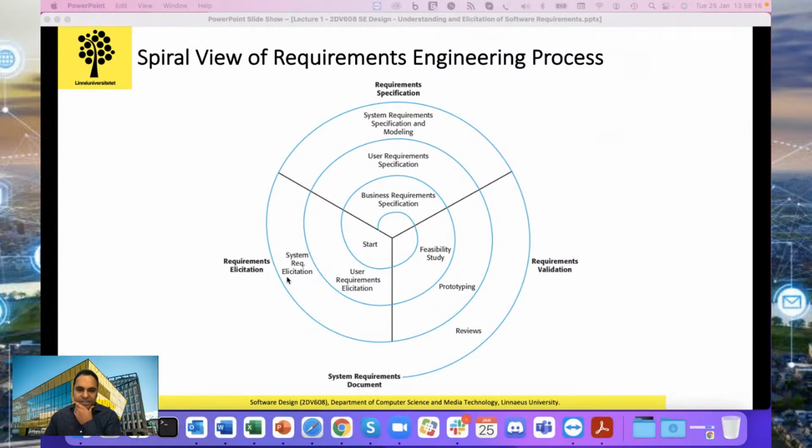So once we have the system requirements that are elicited, we go for modeling of the system requirements, and at this point you use different diagrams. It can be a deployment diagram, object diagram, class diagram, data flow diagram, whatever modeling tools or language you can use.